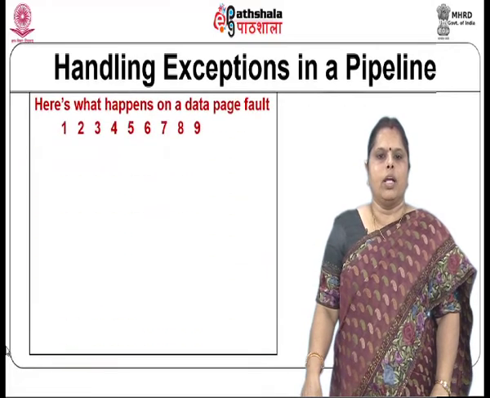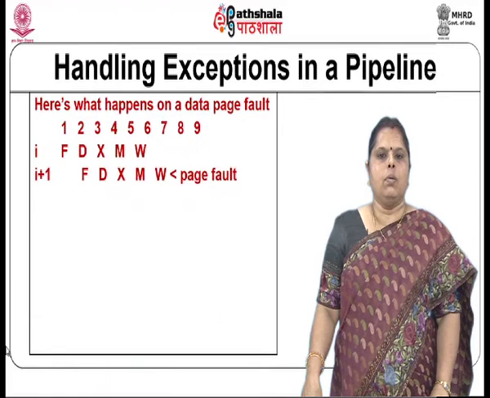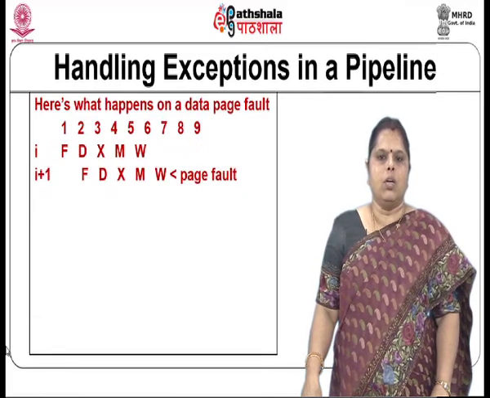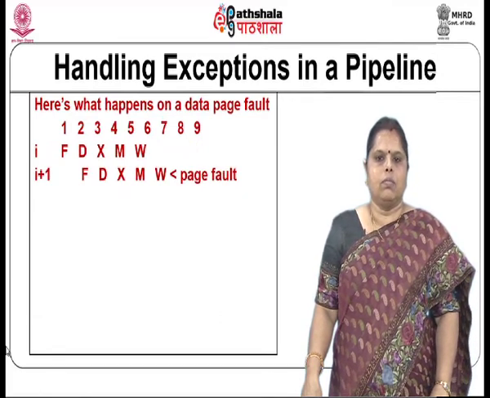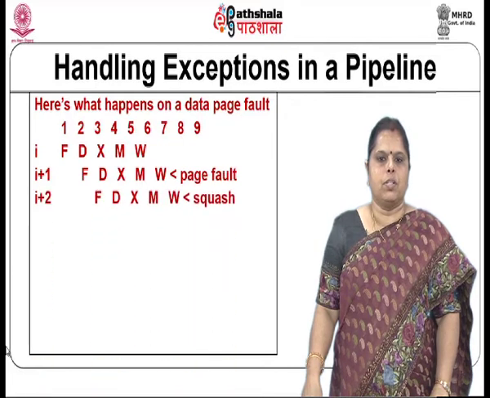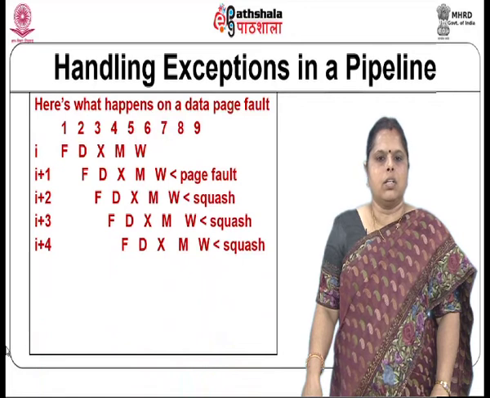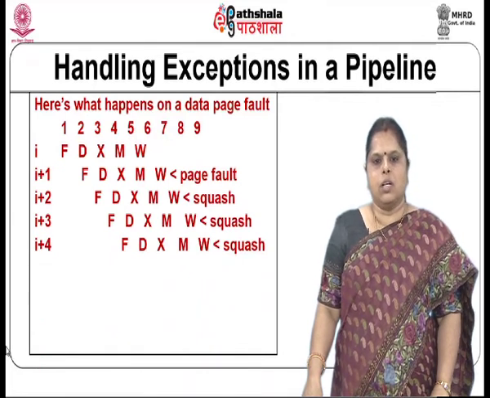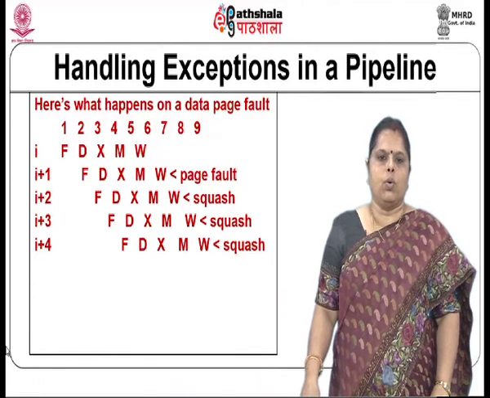Now, look at an example here. There is a page fault exception on a data access. As soon as the page fault exception occurs, the instruction that was let into the pipeline before it, which is the ith instruction, does not have any problem. It should be allowed to complete.